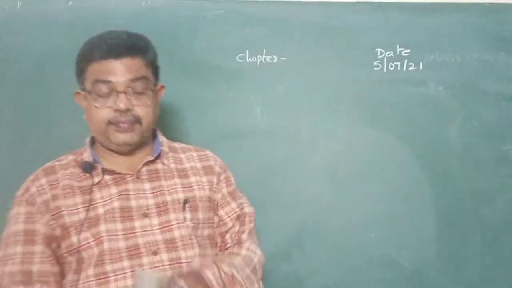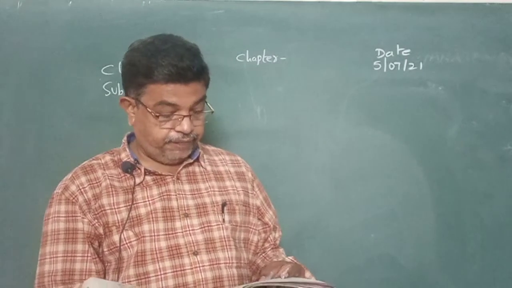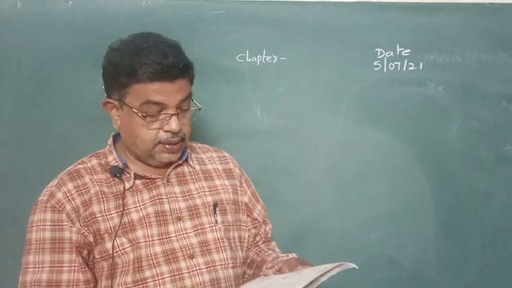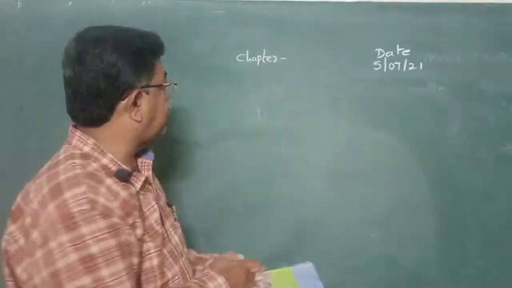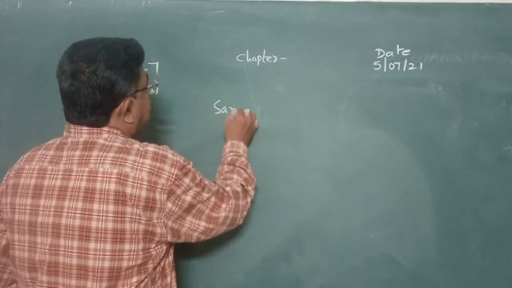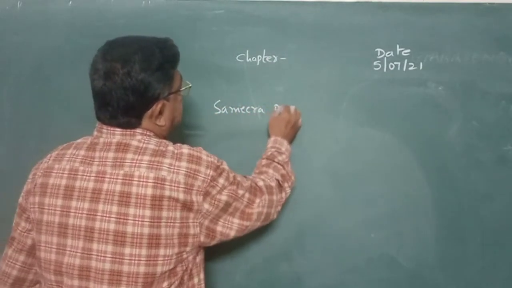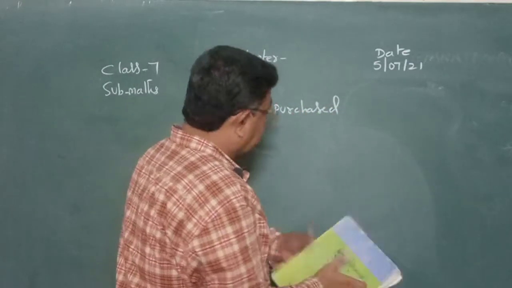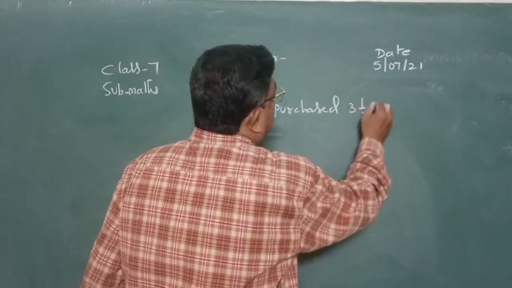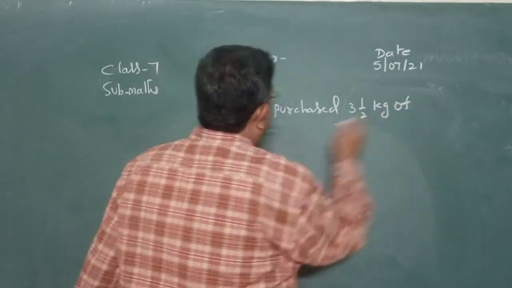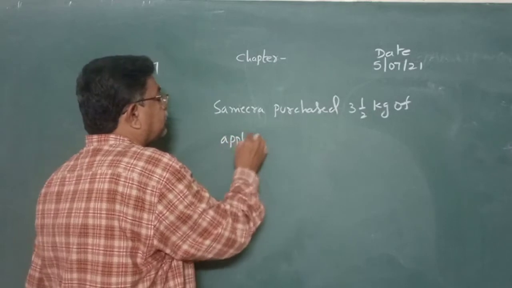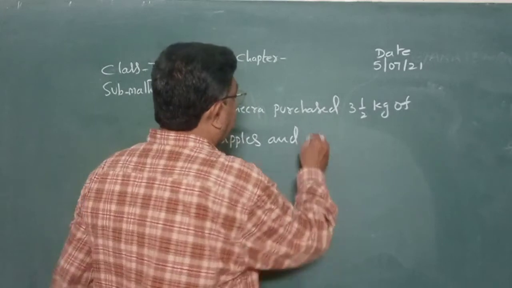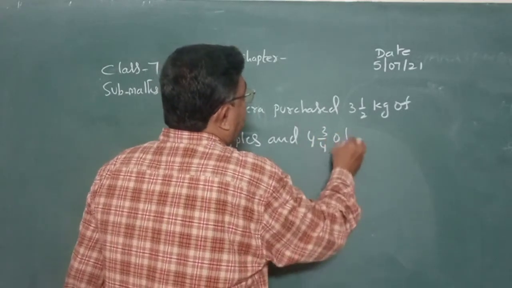Next, Samira purchased 3.5 kgs of apples and 3/4 kgs of oranges.